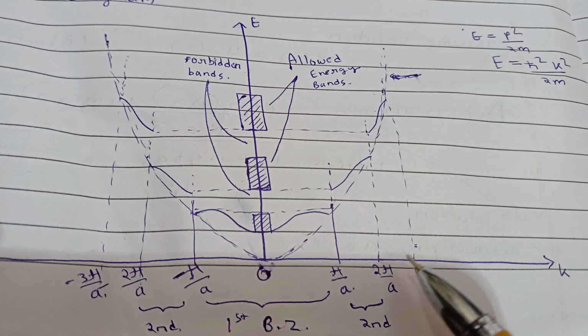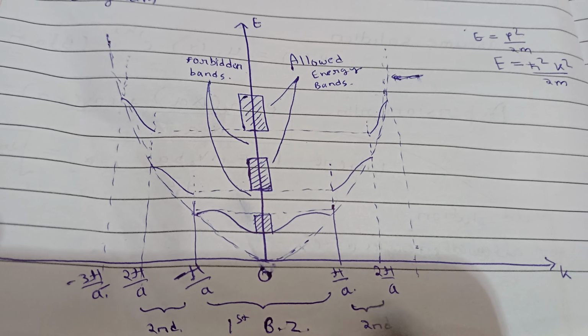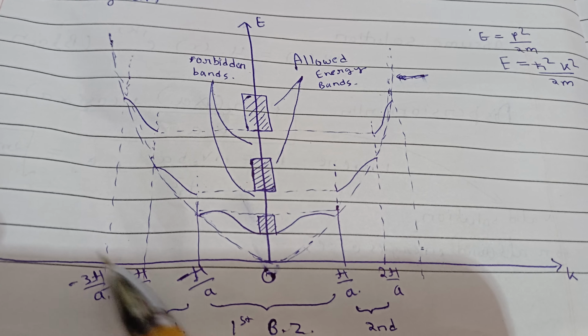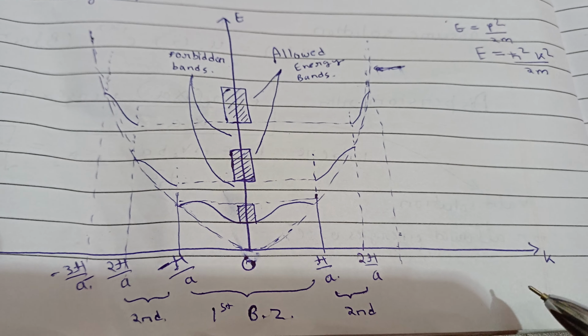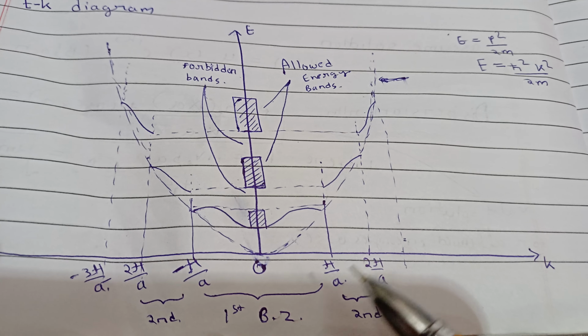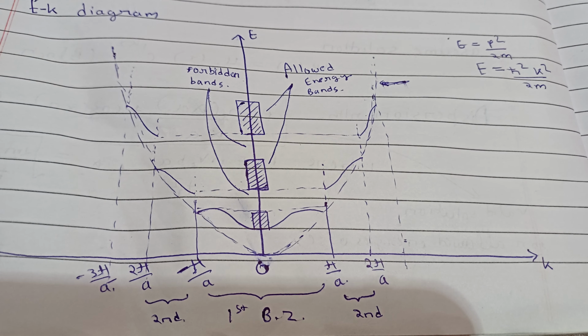Then again going in the same direction, 2 pi by a to 3 pi by a and minus 2 pi by a to minus 3 pi by a, we'll get the third Brillouin zone. So it is on the k axis. Okay, so that's how we define the Brillouin zones.